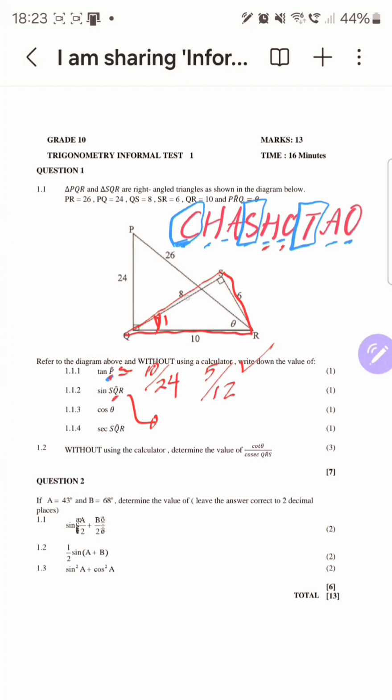So my opposite side would be this one, and this would be the hypotenuse. Remember, the hypotenuse is always opposite the 90-degree angle.